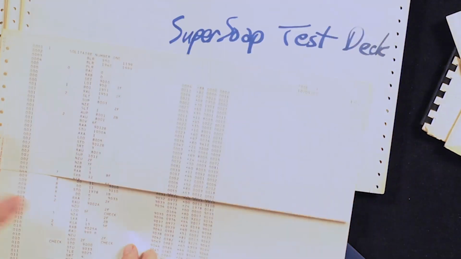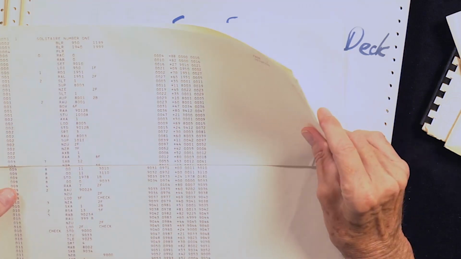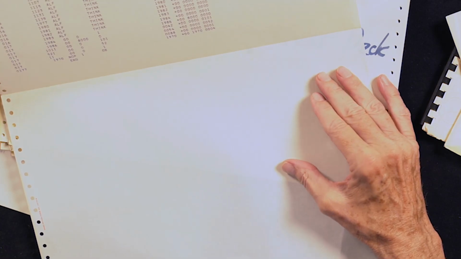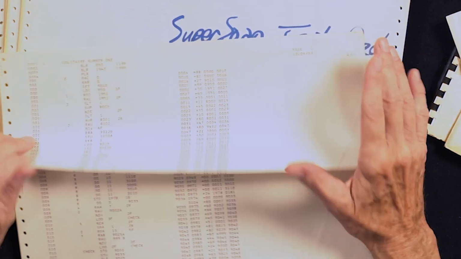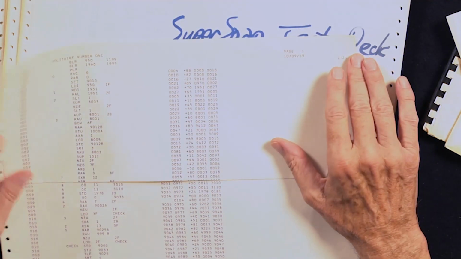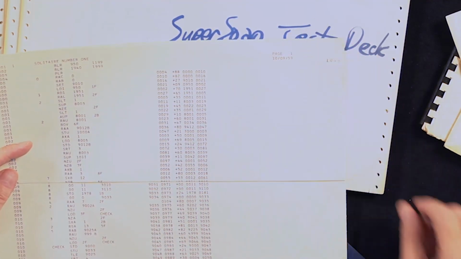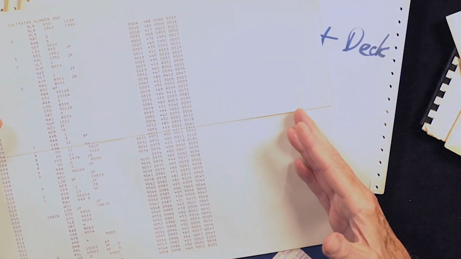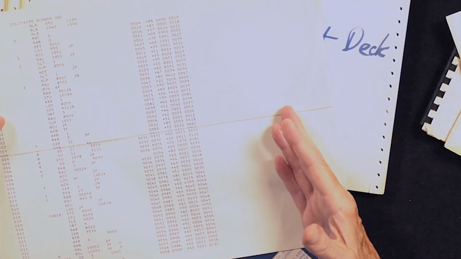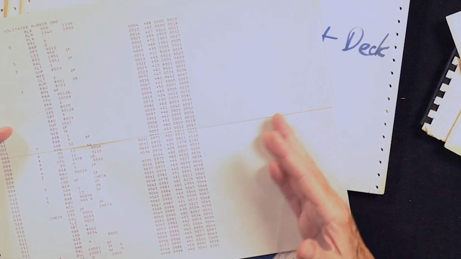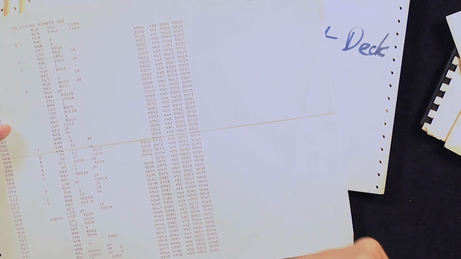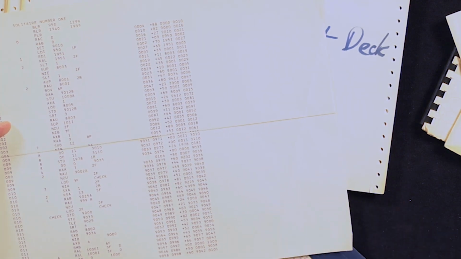Here I have a thing called Solitaire Number 1. I don't know what this is, but it's only 3 pages long, and it might be this peg solitaire game where you try to jump all the pegs until only one peg is left. I do remember writing a program for peg solitaire that year, and I debugged it, and I started it running at 9 o'clock at night, and I had the machine all to myself.